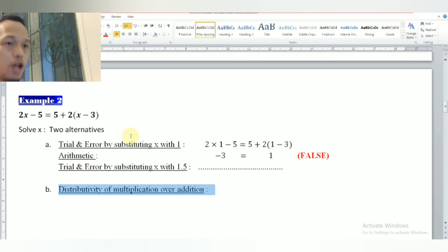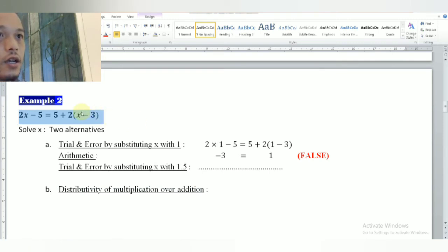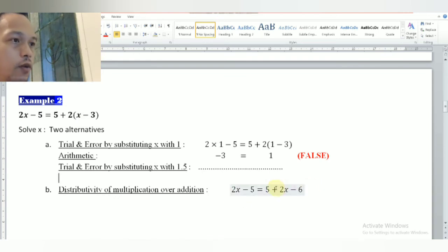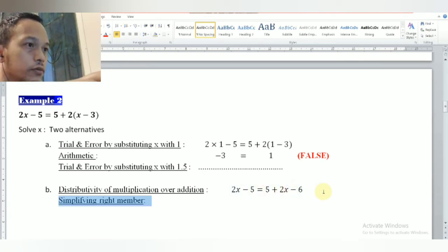let's use algebra. Okay, so from this original equation, the first thing I will do is use the distributivity axiom. I distribute 2 into this parenthesis. By doing that, I will have this statement. Next, I will use the definition of subtraction, to simplify the right member.